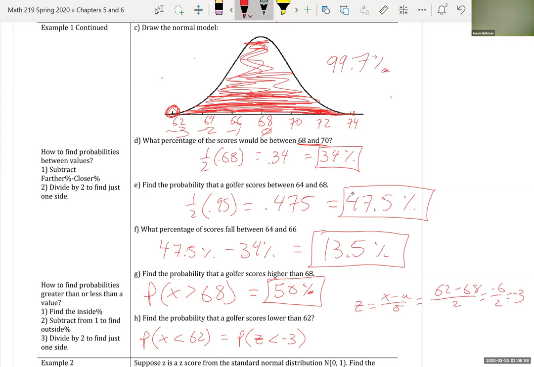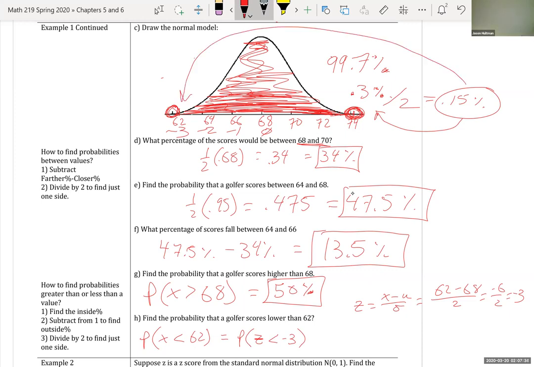But the 0.3% that's left over is shared between everything less than 62 and everything bigger than 74. So I have to take this 0.3 and divide it by 2, and that gives me 0.15%. And that is how much is above 74, or in our case, how much is below 62. So this is equal to 0.15%.